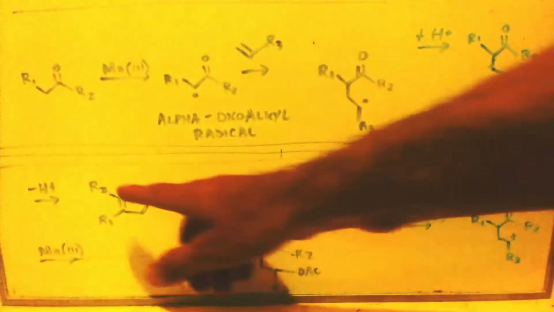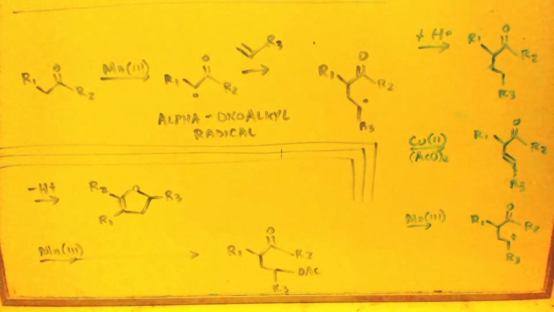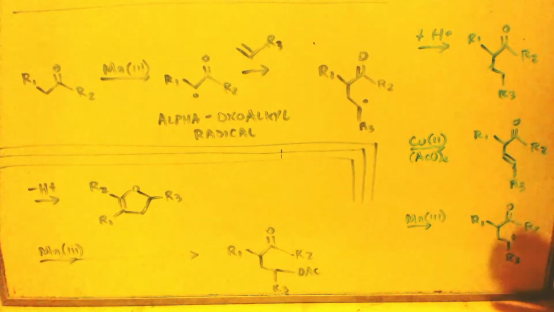Or you can take a proton off and you end up with a double bond in a ring. See how versatile, with the same chemicals, just by adding this or that, you can change your product into many, many different things. You know what I mean? This reaction is very, very versatile.